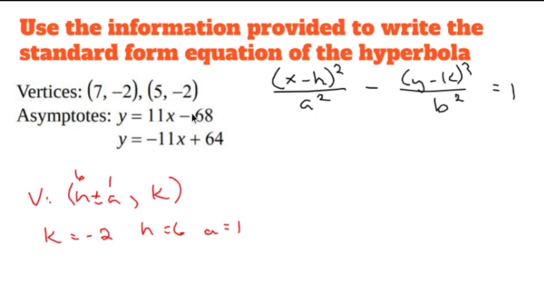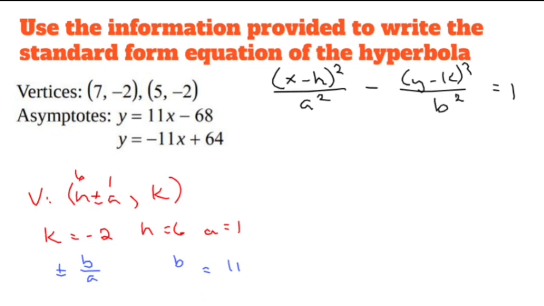In a hyperbola like that, my slope is going to be in the form plus or minus b over a. My slopes for these are 11 and -11. So my slope, b over a, is 11. Well, I know that a is 1. So if a is 1, b is 11.